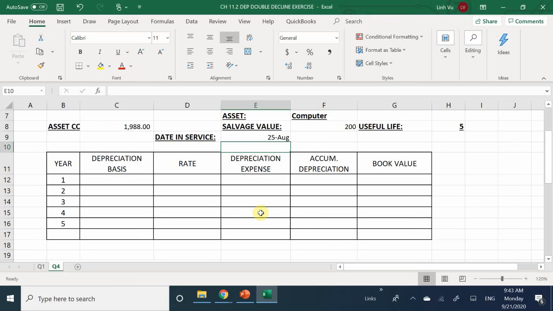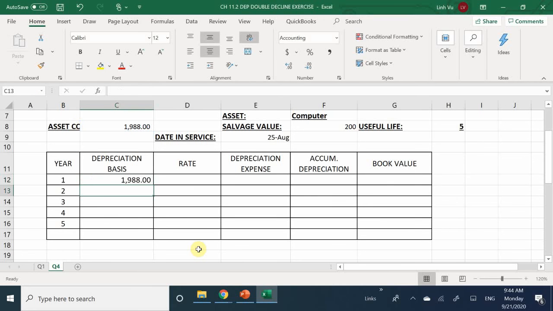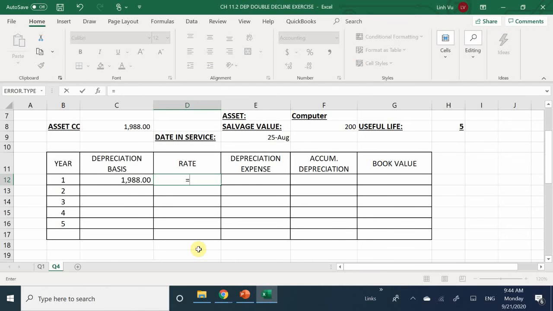So let's keep that little thing on the side, and let's go ahead and solve for this table here. For the first year of depreciation, what is the depreciation basis going to be? The purchase amount, 1988. And then what is going to be my rate?